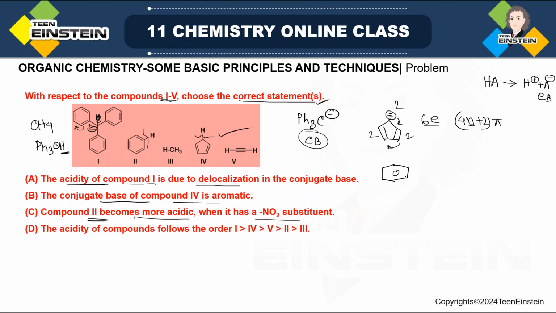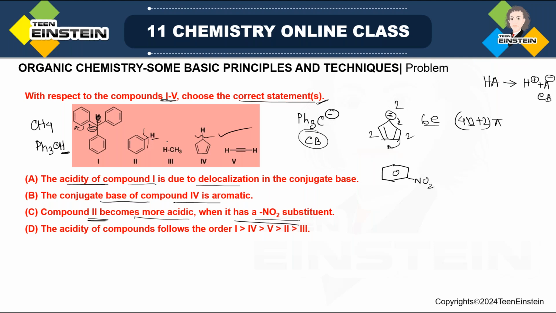Now if you have an NO2 substituent present anywhere, obviously, because of its electron withdrawing capacity, it will stabilize the negative charge. Conjugation is not possible. It will obviously not show the minus R effect, but it can show the minus I effect. So if there is an NO2 substituent present in the benzene ring and you are removing this hydrogen, obviously it will be more acidic. So this is also true.